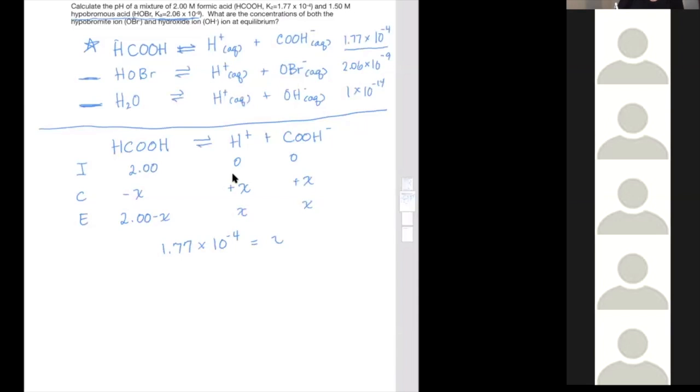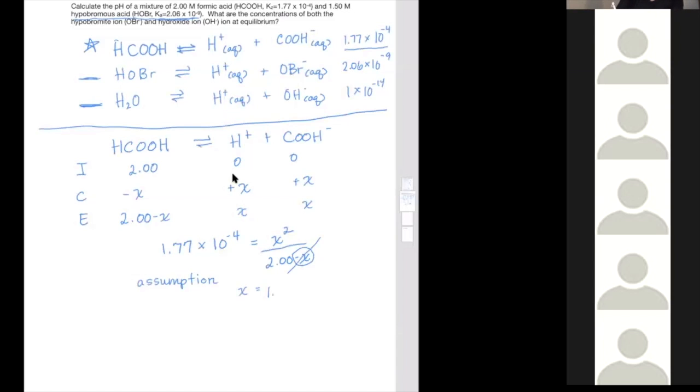That's equal to X squared over 2.0 minus X. And we can solve for X using the assumption. Assuming that it's a small change, we can ignore the minus X here and solve for just X.